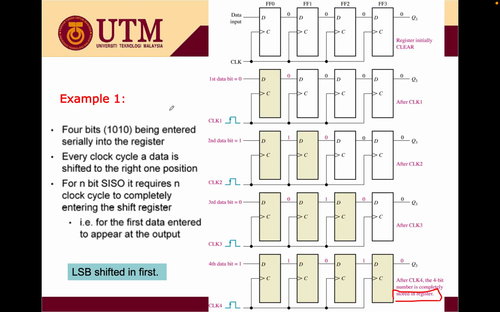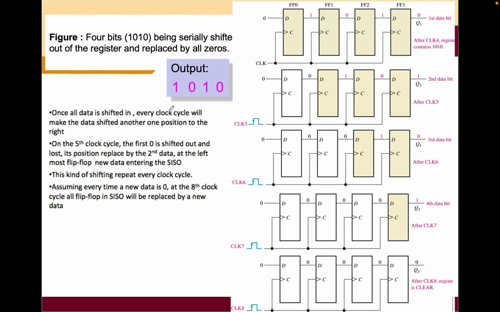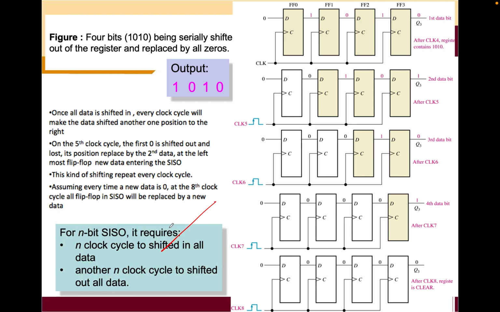On this page, this is shift in, and this is shift out. So you can see here. Okay, so for n-bit SISO, it requires n clock cycles to shift in all the data.